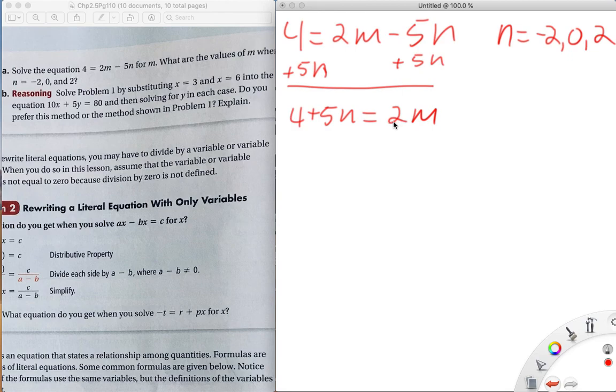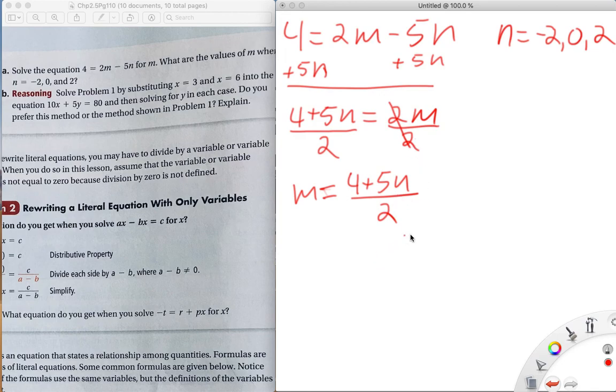After I do that, I'm going to divide both sides by 2 because I want m by itself. They want to know what values of m it is. So I'm going to leave it as this, and say that m is equal to 4 plus 5n over 2.